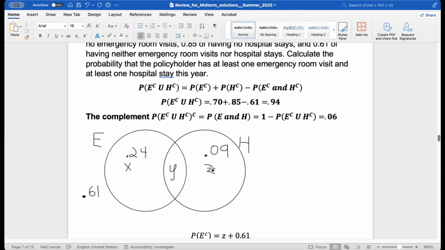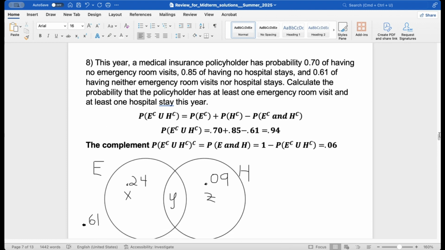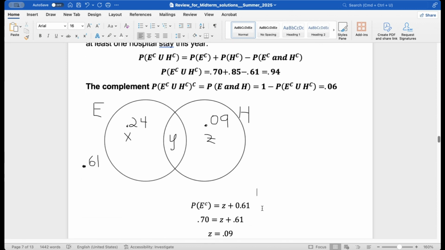So you're either in the Z portion or you're in the 0.61 outside both. So we know that the probability of E complement in the diagram is Z plus 0.61. But we're told in the problem that the probability of no emergency room visits is 70. So 70 is equal to Z plus 0.61, leaving us with 0.09 for Z.